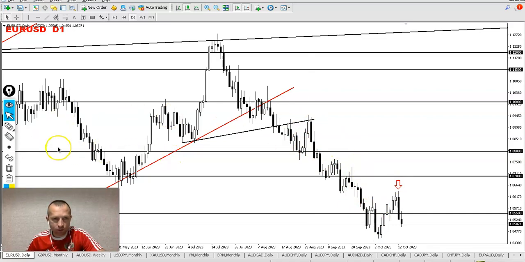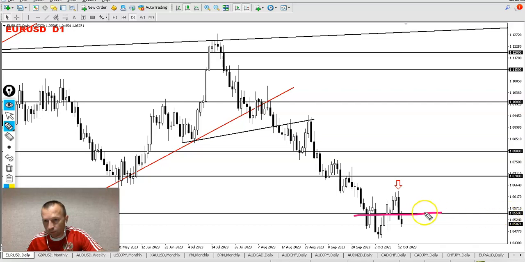And now you can see in the last week, yeah, we had some movement to the upside, which I just discussed on the weekly time frame, and in the last couple of days of the previous week you see we go back to the downside and close below this level.